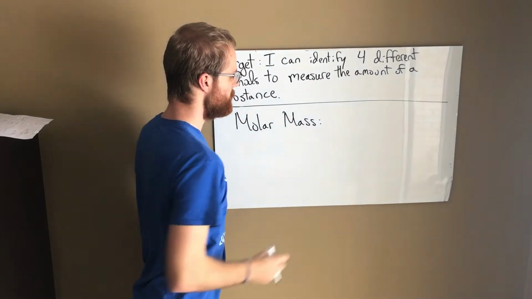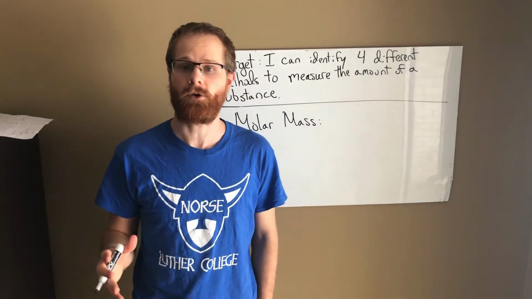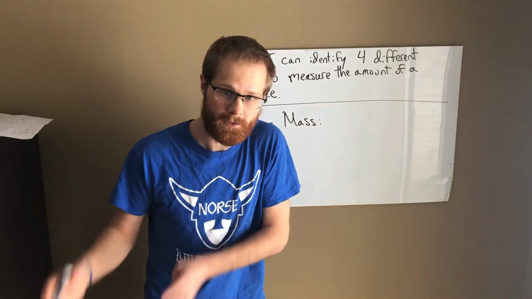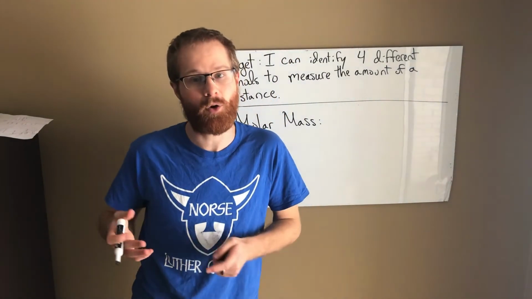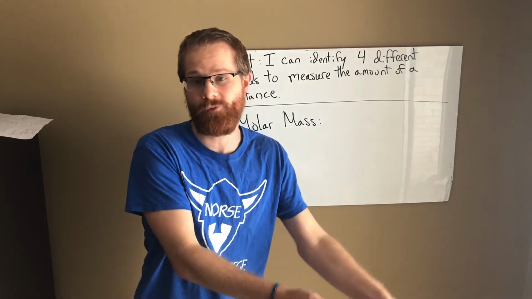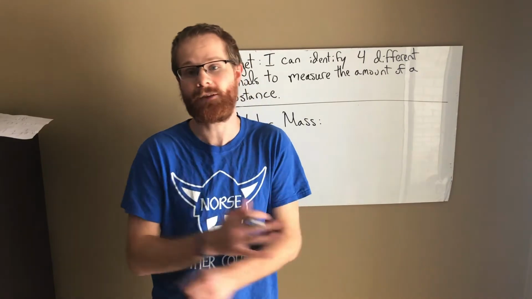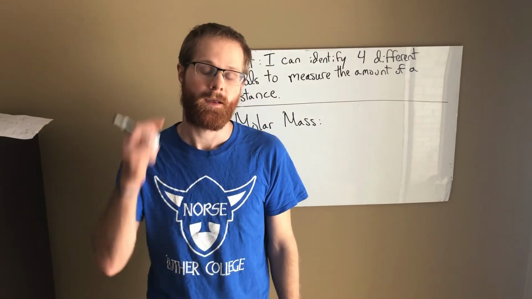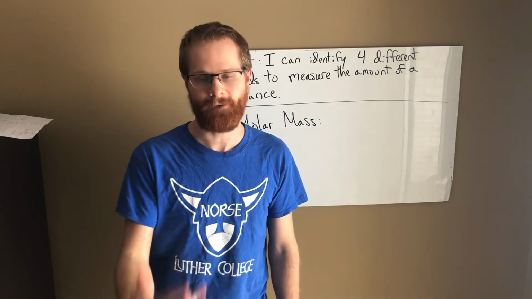Okay. So basically this entire unit, it's all about converting one type of unit into another unit, right? If we know how many grams of a substance we have, how many moles do we have? If we know how many moles of a substance we have, how many grams do we have? That's what this entire unit is about. And in order to figure that out, we need these things called conversion factors.